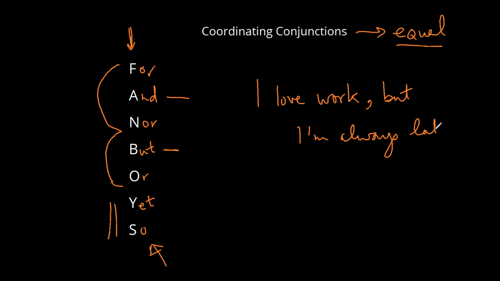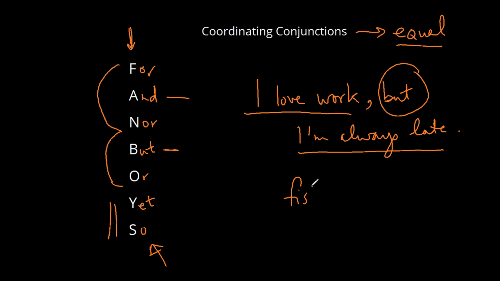So, but I'm always late, period. And what we can see here is that but ties together two equal elements, in this case, two entire clauses. You can also have smaller elements that are connected. So you could say something like fish and chips if you wanted to. And in this case, and is connecting two nouns. So that's what coordinating conjunctions do. They tie together two equal elements.